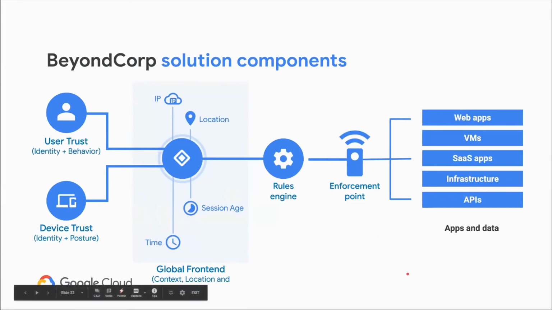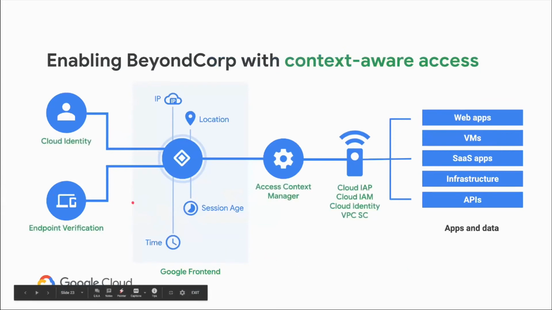The way that this happens, in fact, is we look at your user identity. We look at the security posture of your device, looking at the endpoint verification. And at the edge, in the Google front end, before you can even get to your workloads, we look at rules and we look at the context in which you are accessing this.